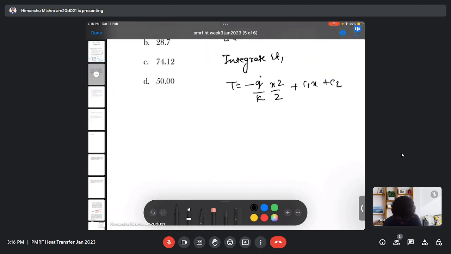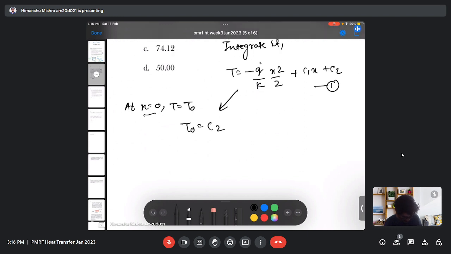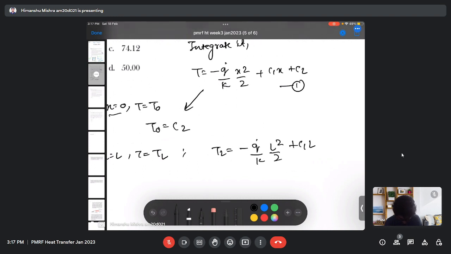At the first end, let's say the temperature is T0, which will give T0 equals C2 when we put x equal to 0 in equation 1. And if we put x equal to L in equation 1, the temperature is, let's say, TL, plus T0.